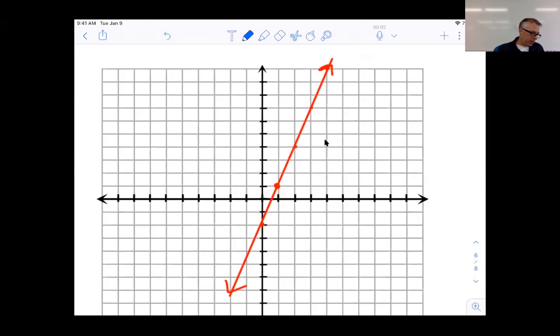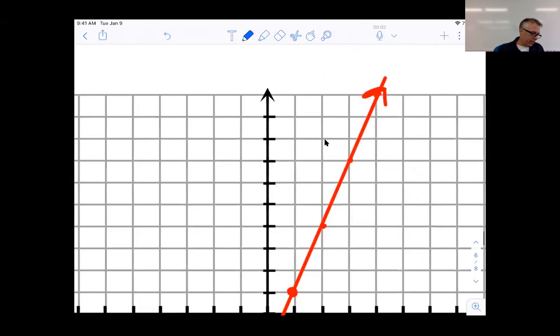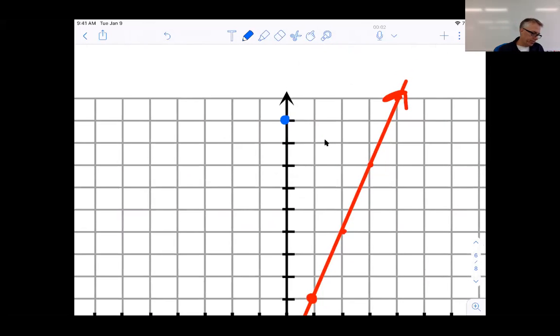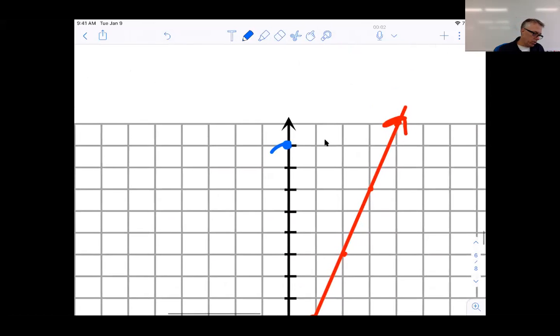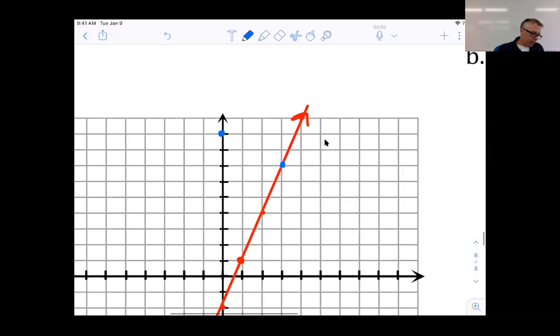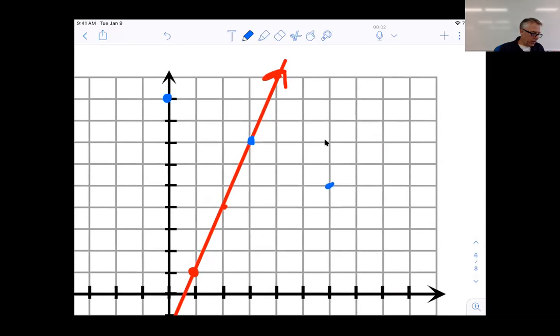So I start up here at +9, and remember my slope is -2/3, so I go down 2 and over 3. From there I could go down 2 and over 3 again, but I already have a pretty good graph, and I feel fairly confident of where they intersect.